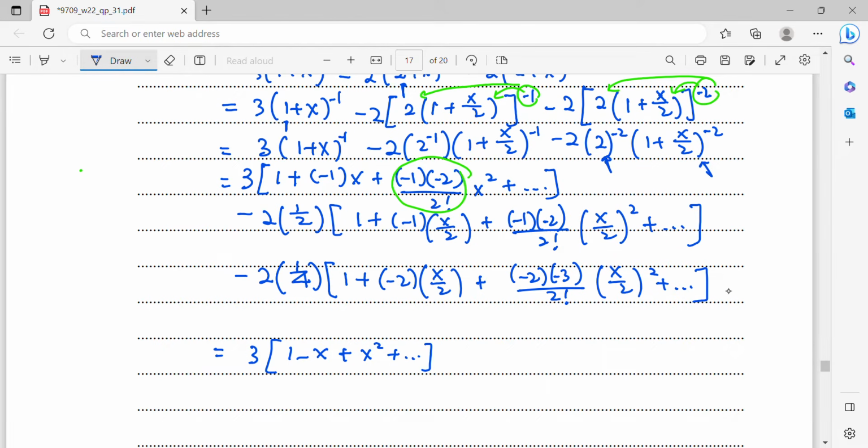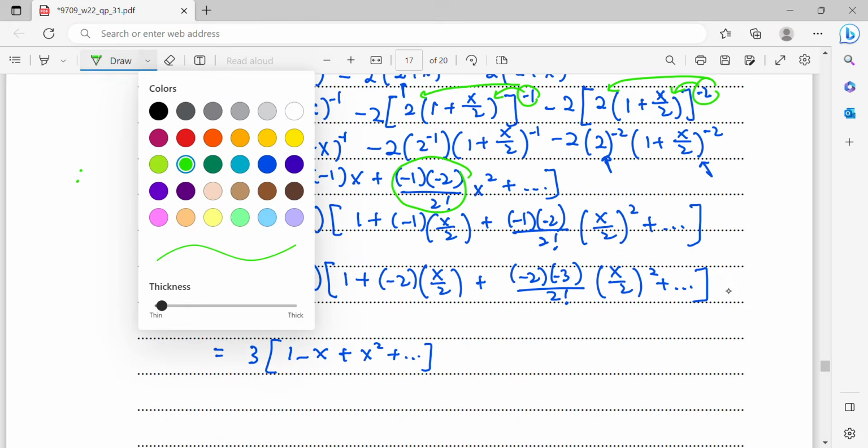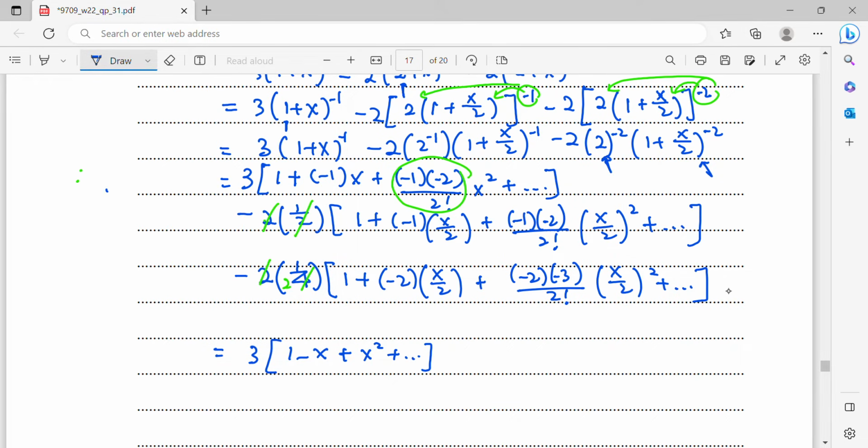All right. So then, half and 2 cancel. This 2 and 1 over 4 cancel becomes half. So after that, simplify the terms. So 1 minus x over 2. Again, this whole term is 1. I will get x squared over 4.